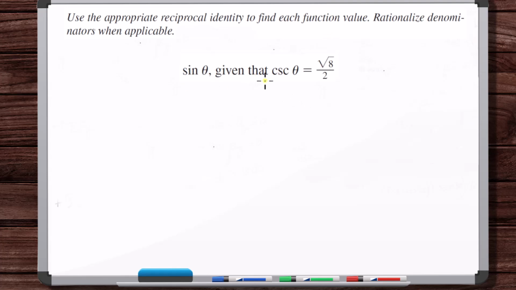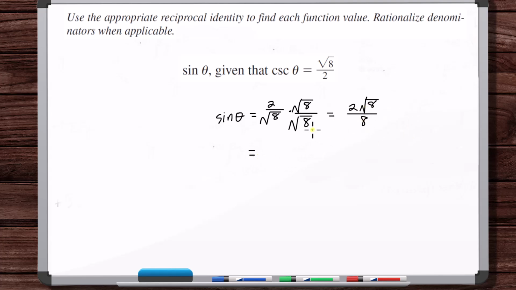Okay, cosecant and sine are reciprocals. So if we know that cosecant of theta is √8/2, then sine theta is 2/√8, but they want us to rationalize the denominators when applicable. So we don't want to have a radical in the denominator, so we multiply by √8/√8. And this is 2√8/8.